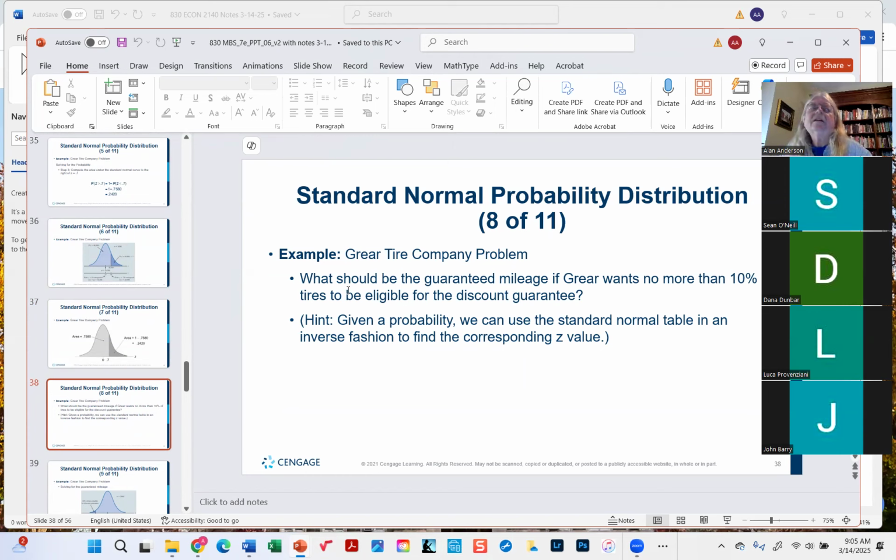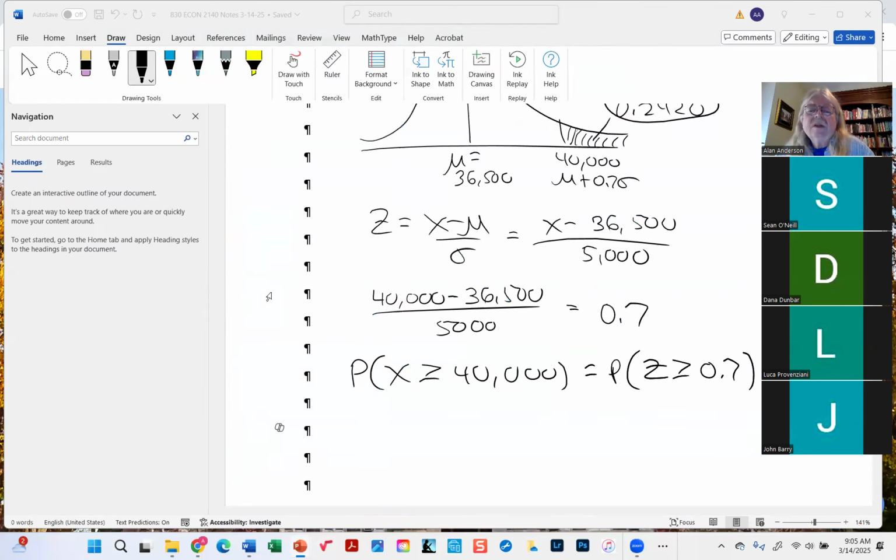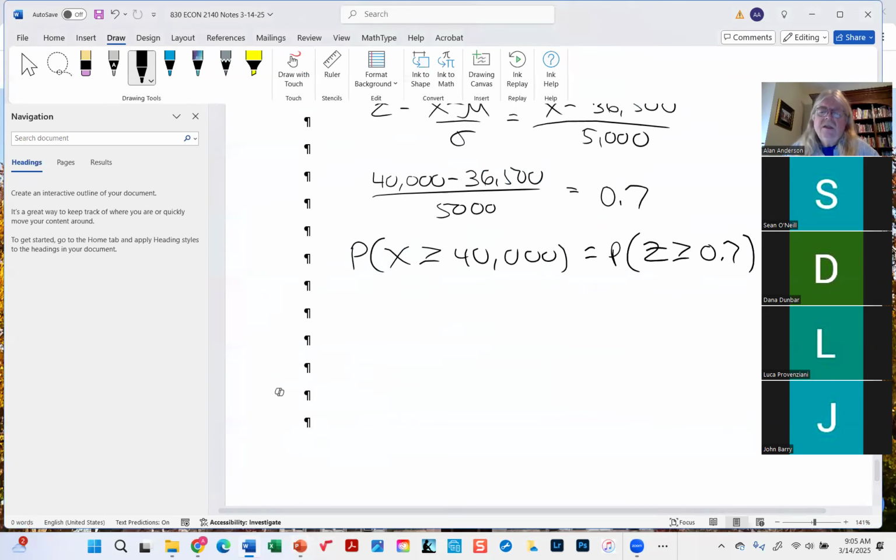So in other words, imagine them saying, listen, we're going to give out some kind of a guarantee here, where if your tire doesn't last a certain number of miles, you'll get a refund. But they don't want to be constantly giving people refunds. So they've decided to figure out where they should set the guarantee to make sure that no more than 10% of the customers are able to take advantage of it. So they're doing something a little different here.